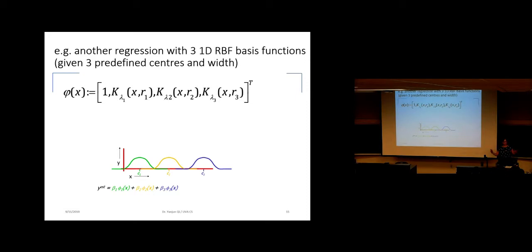Now you try to fit the data, assuming these are your predefined RBF kernels, nicely distributed, and their centers are C1, C2, C3, and they almost share the same lambda.